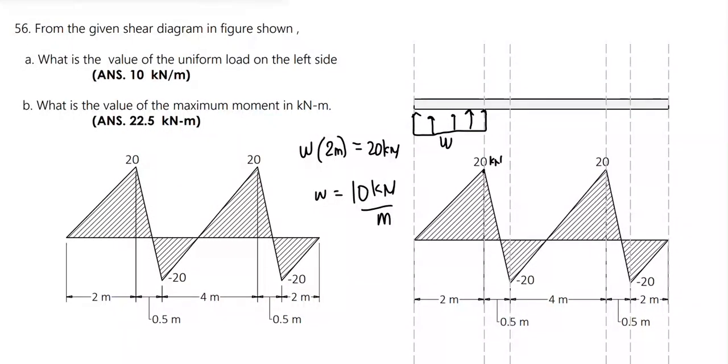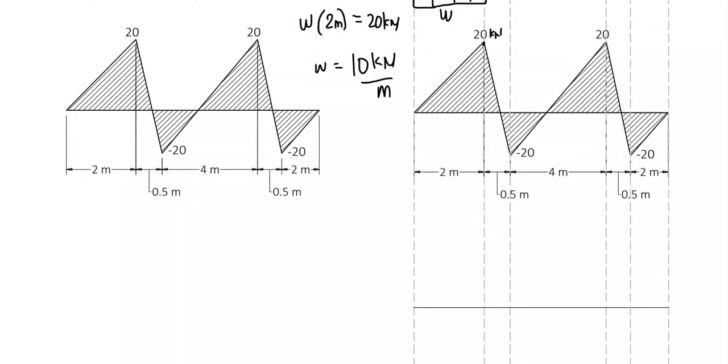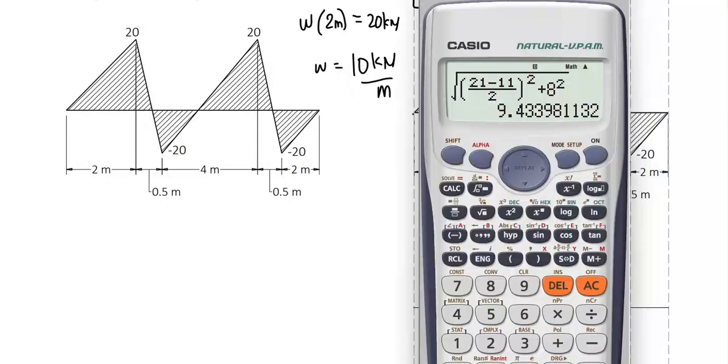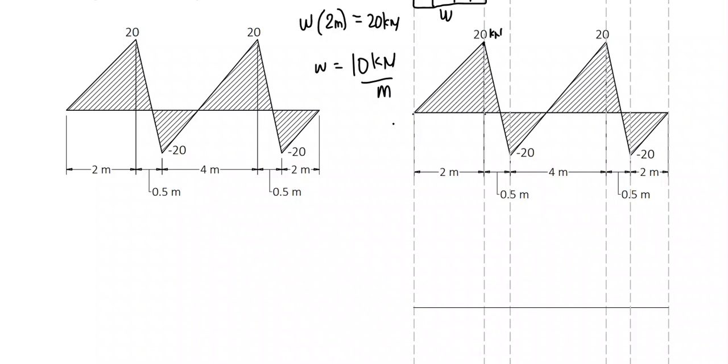To solve for the maximum moment, we consider our moment diagram. Now from this point to this point, that is a length of 2 meters, we can solve for the moment from this segment by getting the area of the shear diagram. That is the area of the triangle equal to 1/2 times the base of 2 meters times the height of 20, which is equal to 20 kilonewton meters.